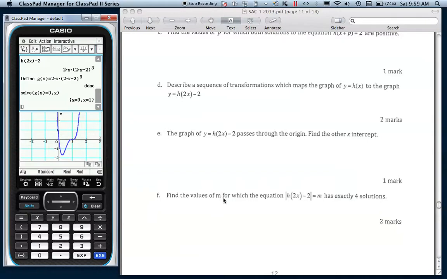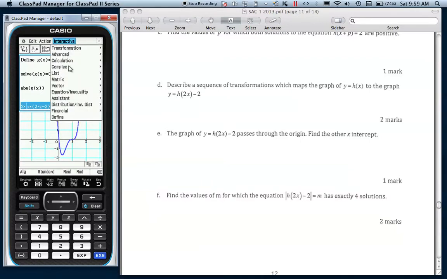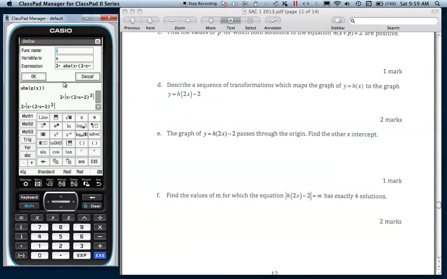Find the values of m for which the equation has exactly 4 solutions. Again, we can do the absolute value of g of x. You can, if you like, define that as another function. We could call that, we'd use h, we'd use g, maybe we can use p.